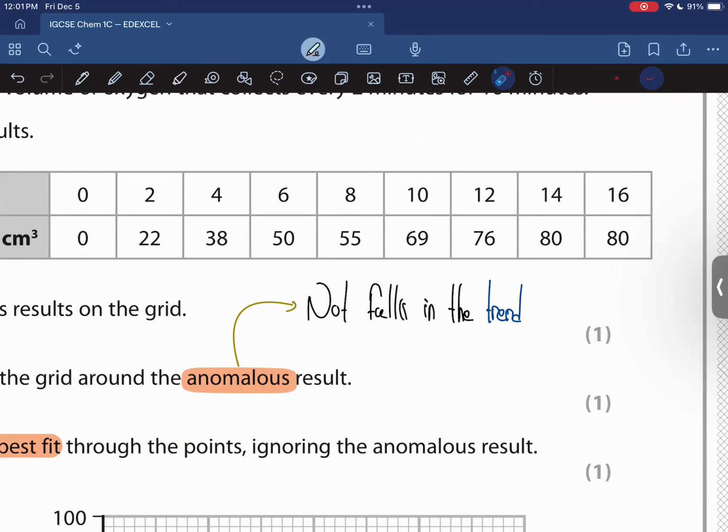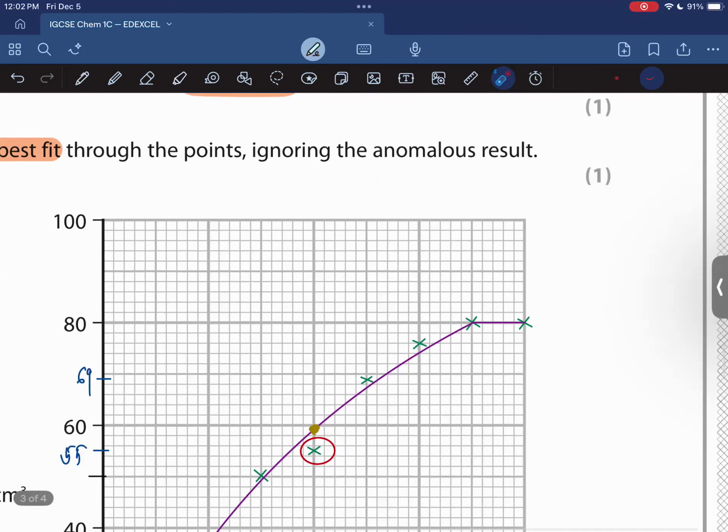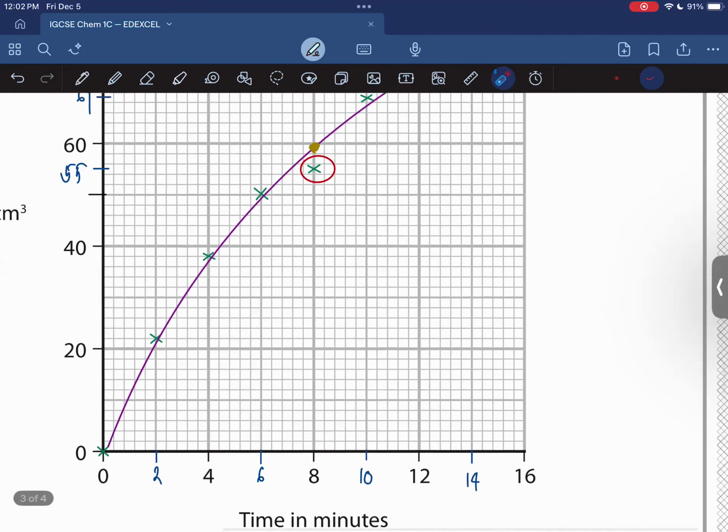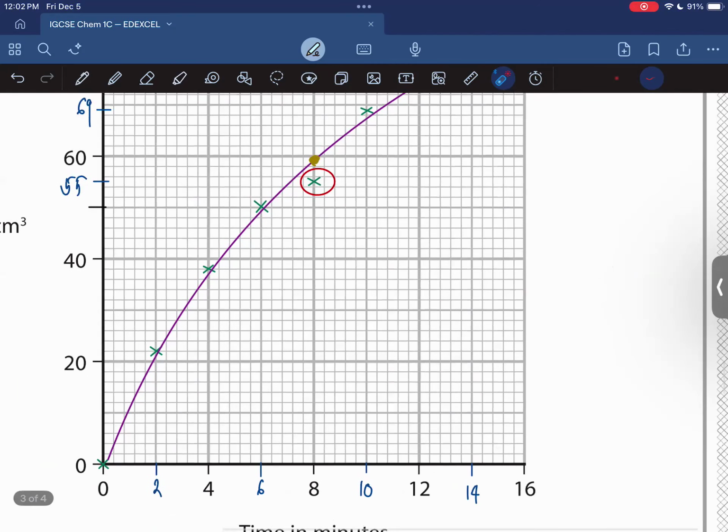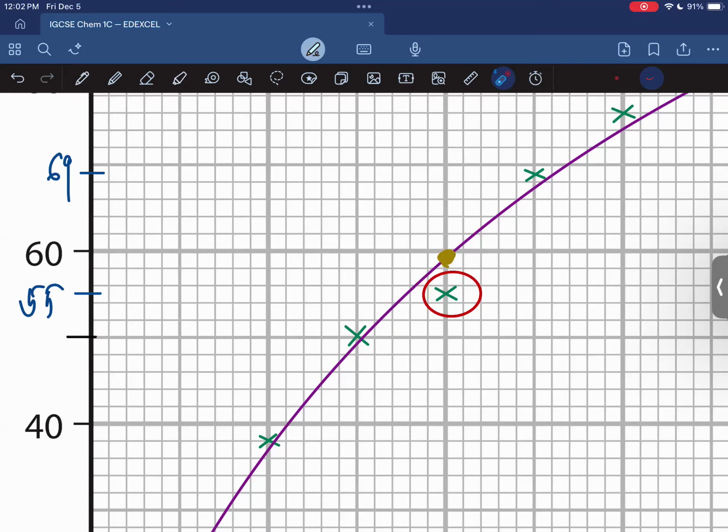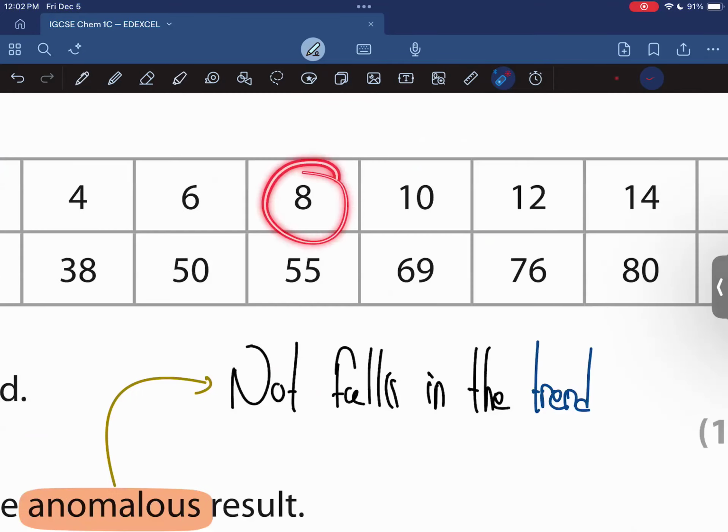Since the volume of oxygen should have been higher, it means that there's an issue with this reading. The person took this reading before 8 minutes. As a result, the volume of oxygen was lower. The volume of oxygen should have been higher. But the person, instead of taking the reading at exactly 8 minutes, took the reading at like 7 minutes or 7.5 minutes and so on.